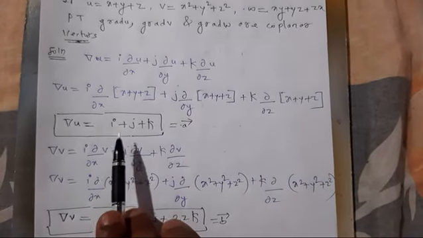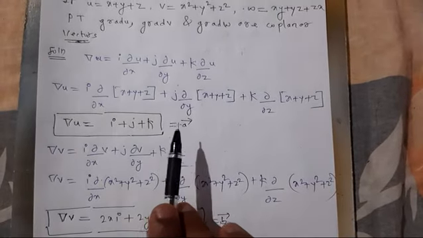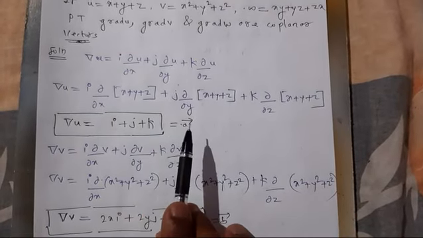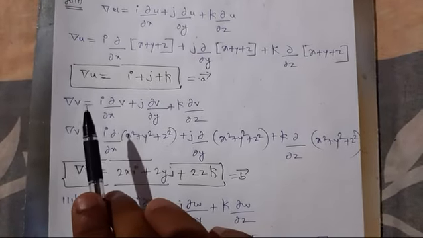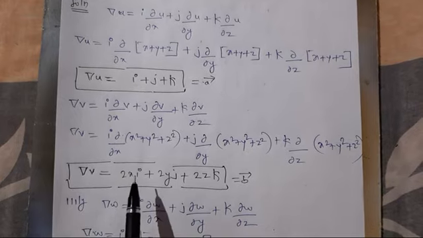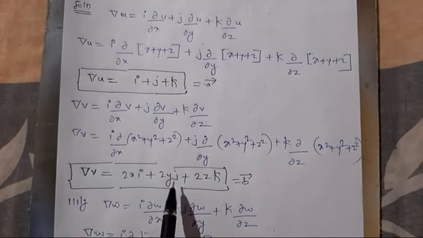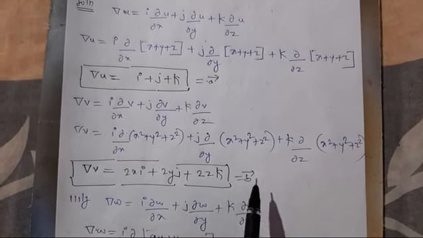So I will get i plus j plus k. For my convenience, I will denote this vector as vector A. Similarly, I will find del of v, that is gradient of v. So I will get 2x i plus 2y j plus 2z k. I will denote this as vector B.